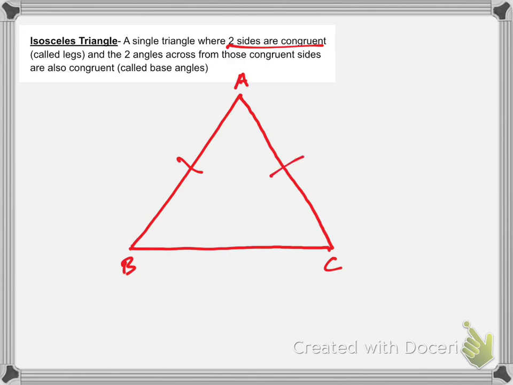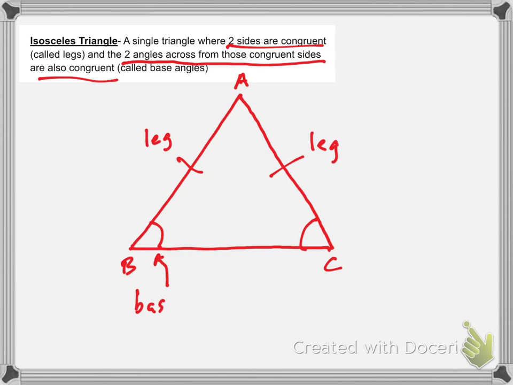Each one of those sides is called a leg. And then the two angles across from those congruent sides are also congruent. So there they are. That's called a base angle. That's called a base angle.